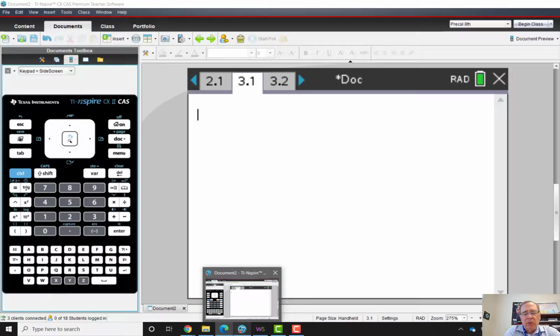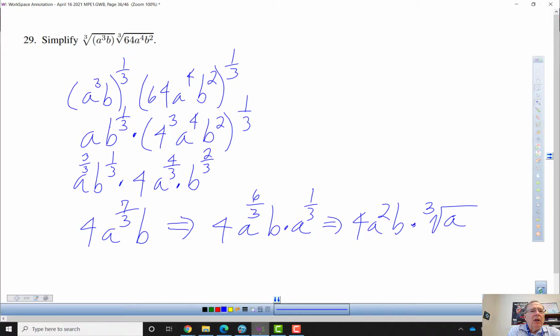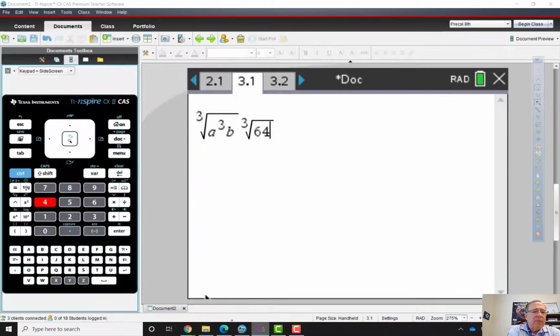And if you just want the answer, you can stop here, but I'm going to show you how to simplify this in the calculator. So control nth root, put in a 3, tab, a to the 3rd power b, and break out of that, and cube root, get inside the cube root, 64a to the 4th times b squared.